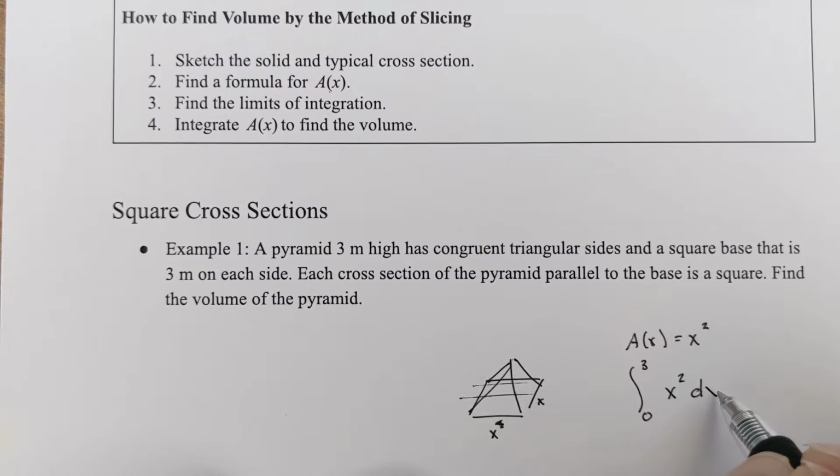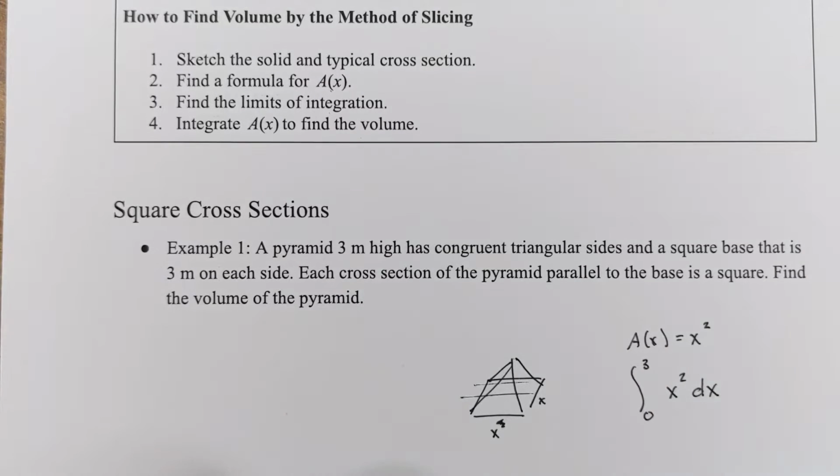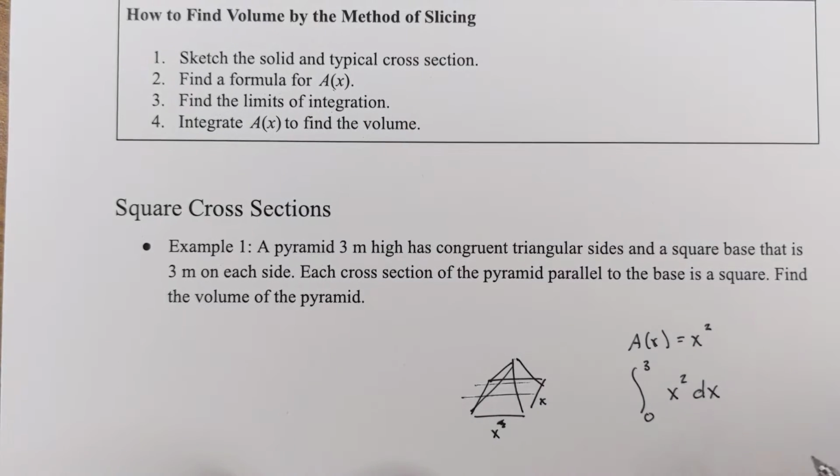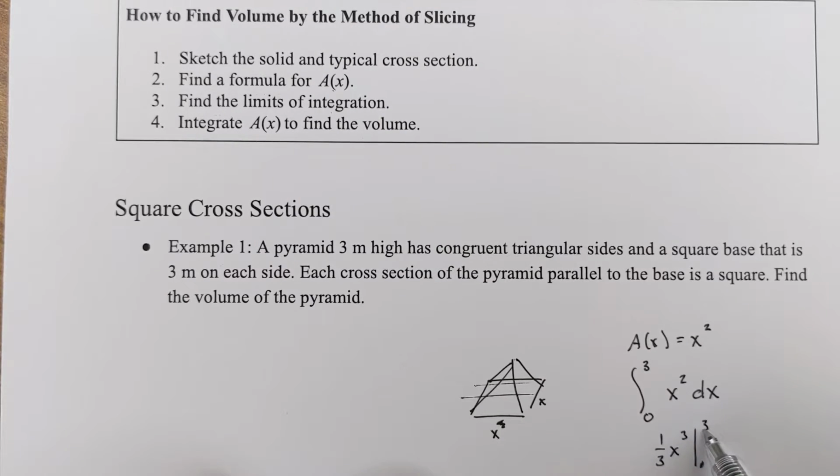Area equation, dx. What that's going to look like when we work it out is 1/3 x cubed when we do the antiderivative. Or we can let our calculator handle it, but this one's relatively straightforward. So this is 1/3 x cubed from 0 to 3.